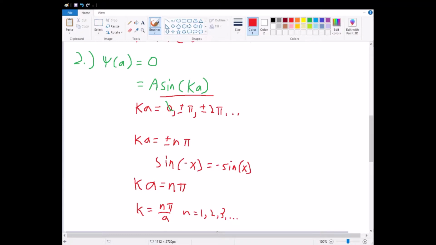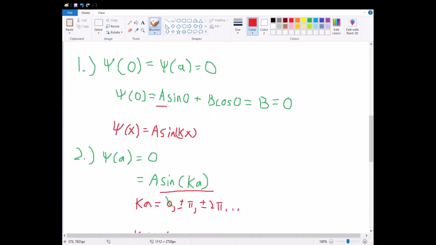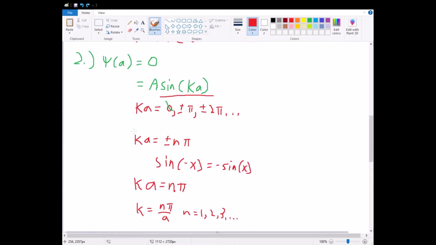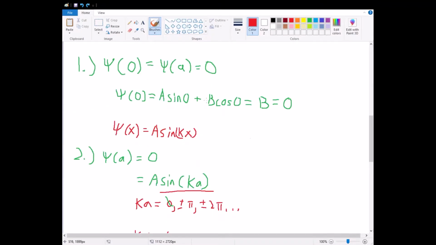And from this point, we have a few interesting properties that we can look at. Because in classical physics, when we're dealing with the simple harmonic oscillator, we determined the constants A and B that we've done so far by looking at the initial conditions of the problem. In a quantum well, which is what we're doing right now, we did not determine A and B. Rather, we determined k, which is inside of our sine terms.